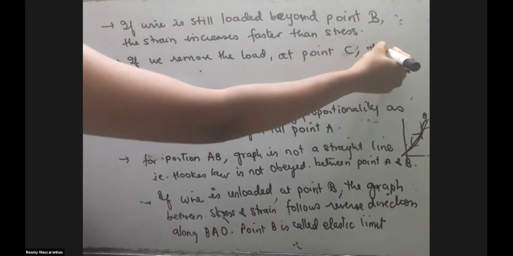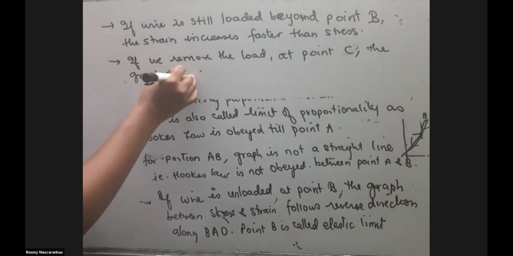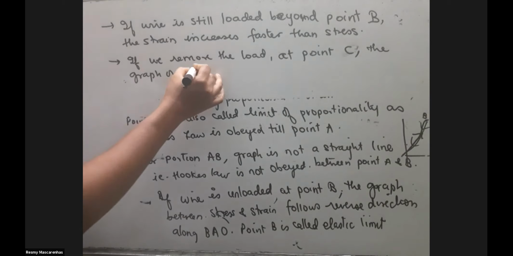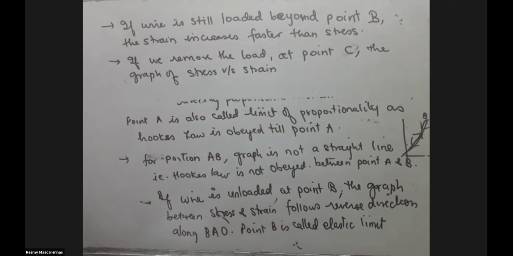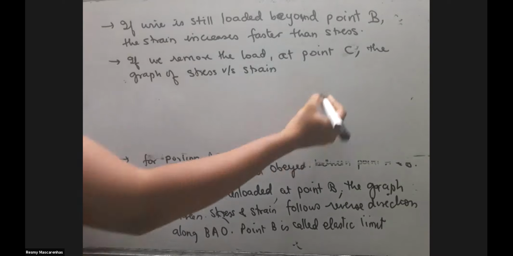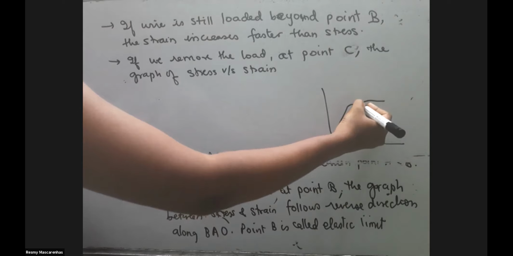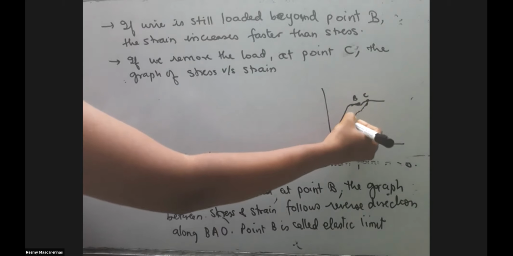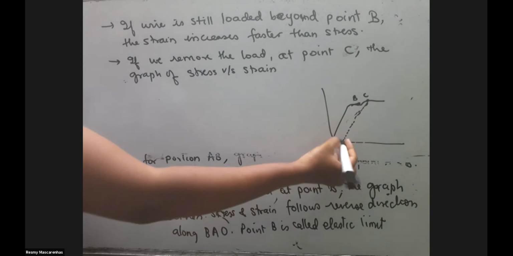Okay, in the graph of stress versus strain, just put this. This was B, then this was C. So just put it like this. It may not come back to its original position, but be slightly deformed.